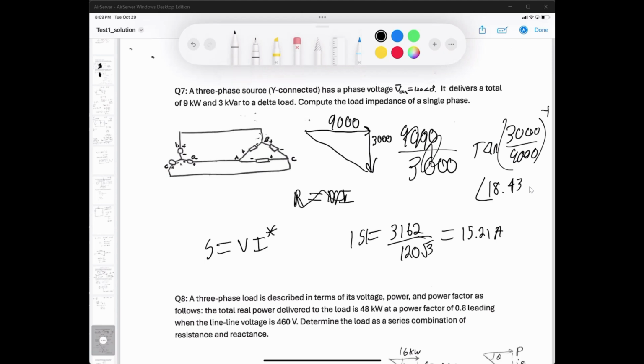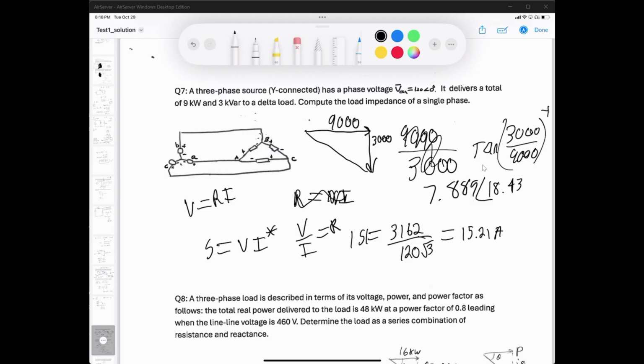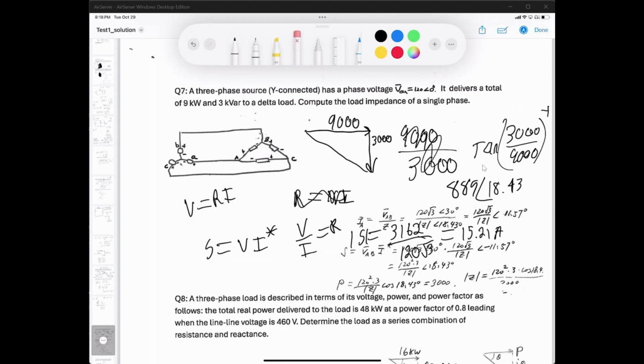V over I is equal to R. So it's going to be 120 divided by 15.21. We get 7.889. Okay, so I forgot to include the root 3.